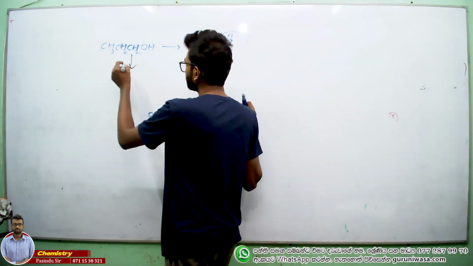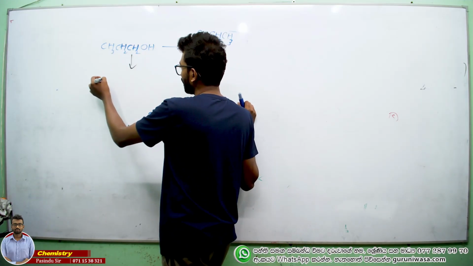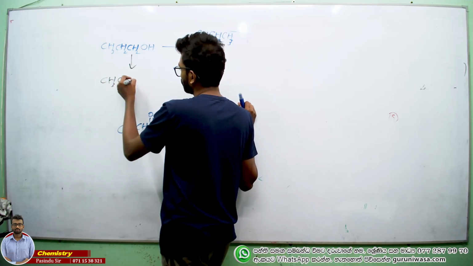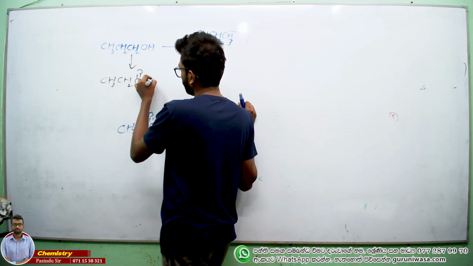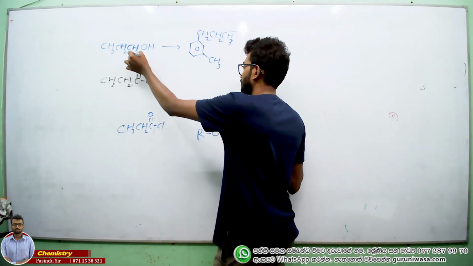So first step, you have to oxidize this alcohol into carboxylic acid, CH3 CH2 COOH, right? How to oxidize? Just add KMnO4, H plus.